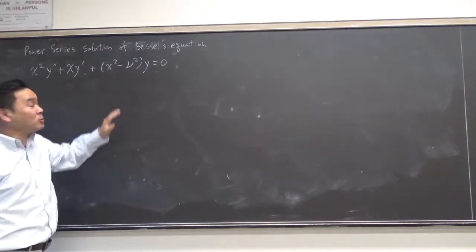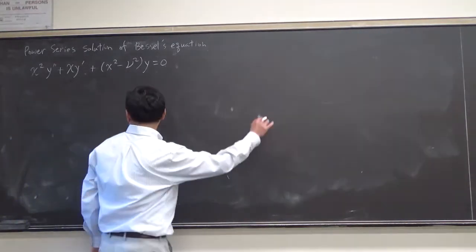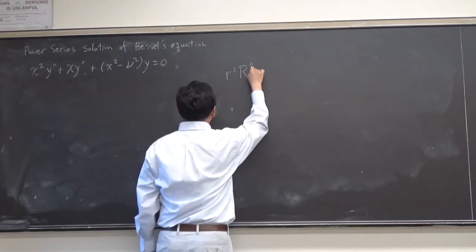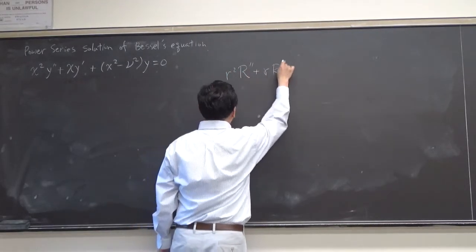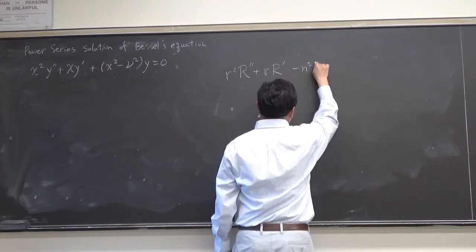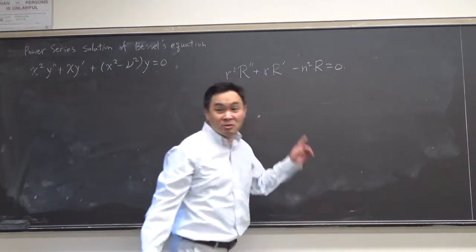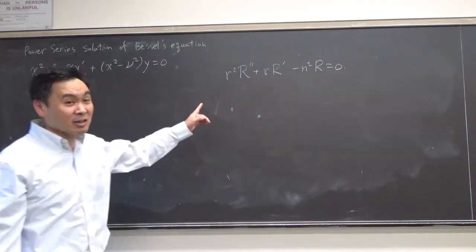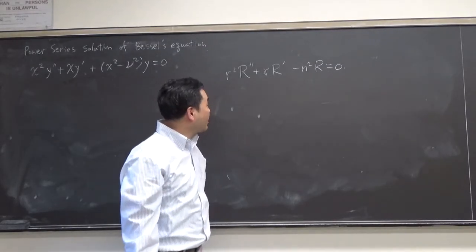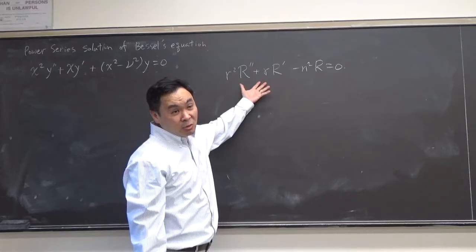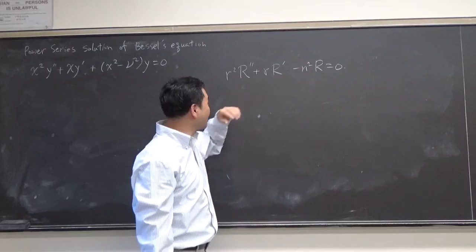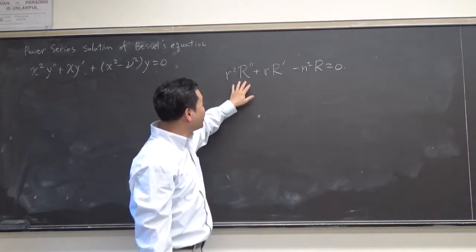So if you recall, when we were solving Laplace equation on a disk, we had something like r squared R double prime plus r R prime minus n squared R equals 0. Remember this? We had this at some point, right? When we were solving Laplace equation on disk. And I call this an Euler-Legendre equation, or Legendre-Euler equation, right?